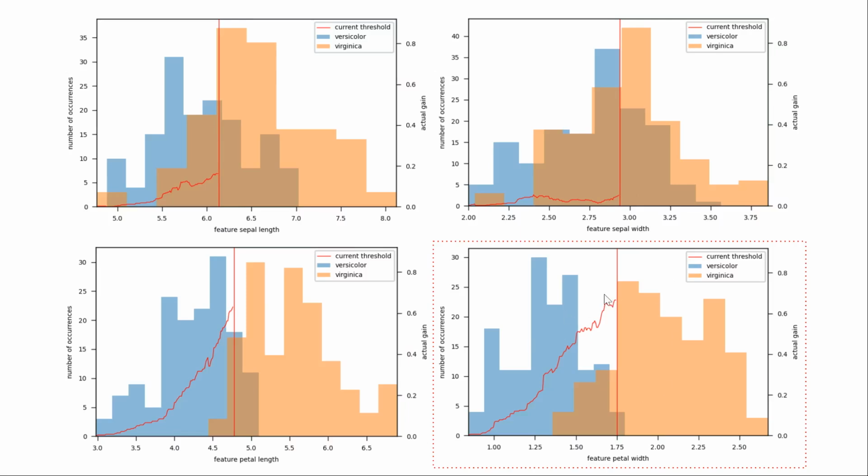So in this case, the algorithm will choose this feature, the petal width, in order to make a split on the data set. And it's also easy to say that when the value is greater than this threshold, we can classify it as the orange class, and when it is smaller than the threshold, we still have some confusion, but we have the majority of the blue class.